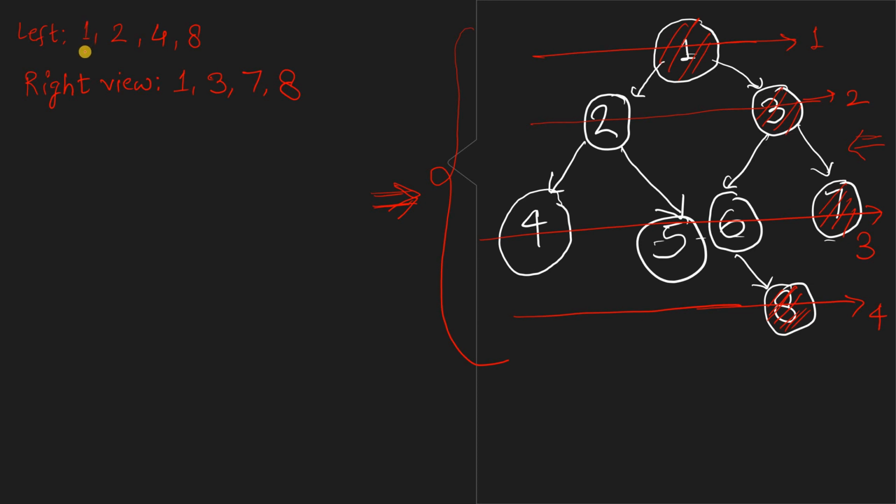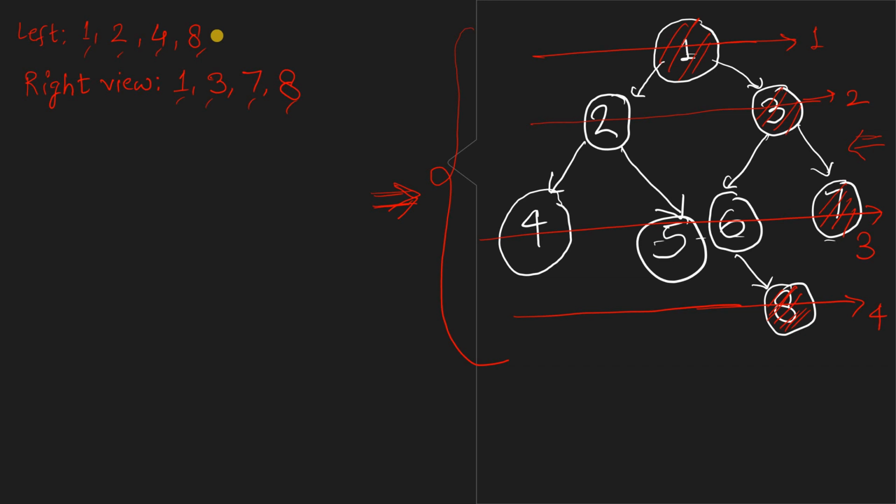In the right view on level 1 we have 1, on level 2 we have 3, on level 3 we have 7, and on level 4 we have 8. And in the left view we had on level 1, 1, on level 2, 2, on level 3, 4, and on level 4, 8. Okay, so this is how the left view and the right view of the binary tree will look.